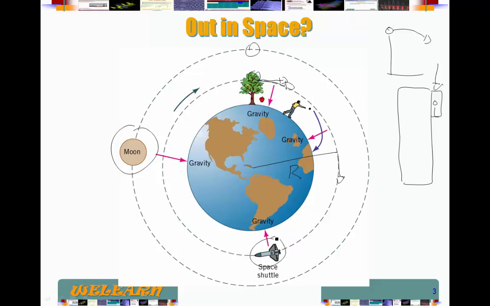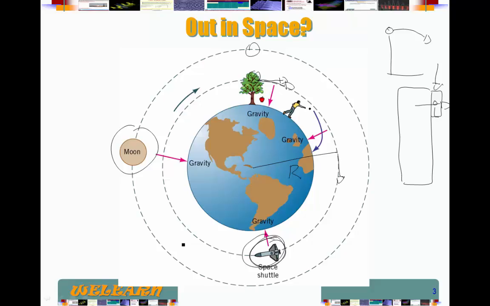When you are in a space shuttle, for example, that's the same thing. Instead of dropping it with an initial velocity equal to 0, it is being dropped with a horizontal velocity. The horizontal velocity is not going to affect the fall. In other words, someone in the space shuttle is in free fall around the Earth.